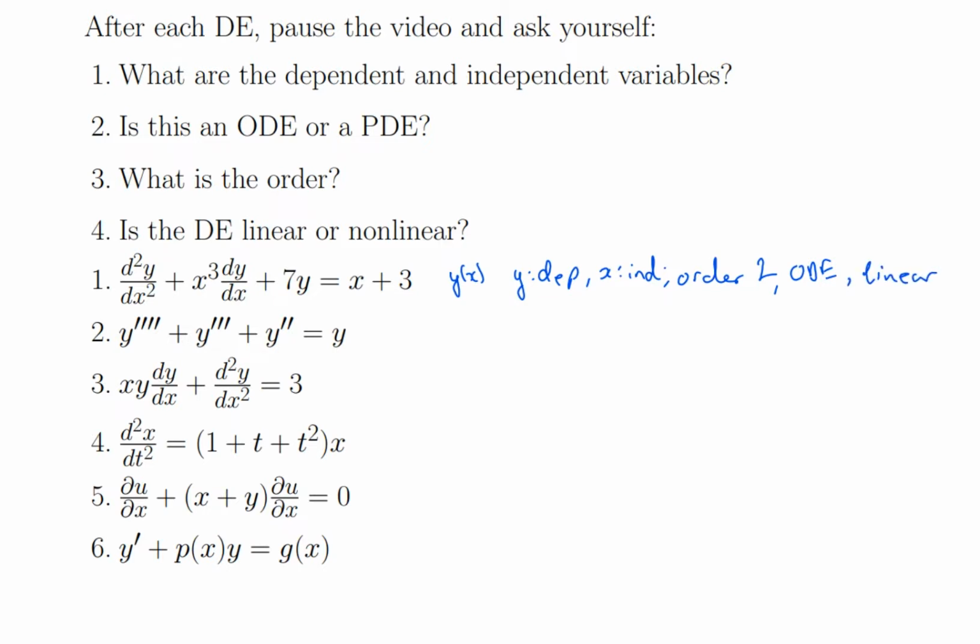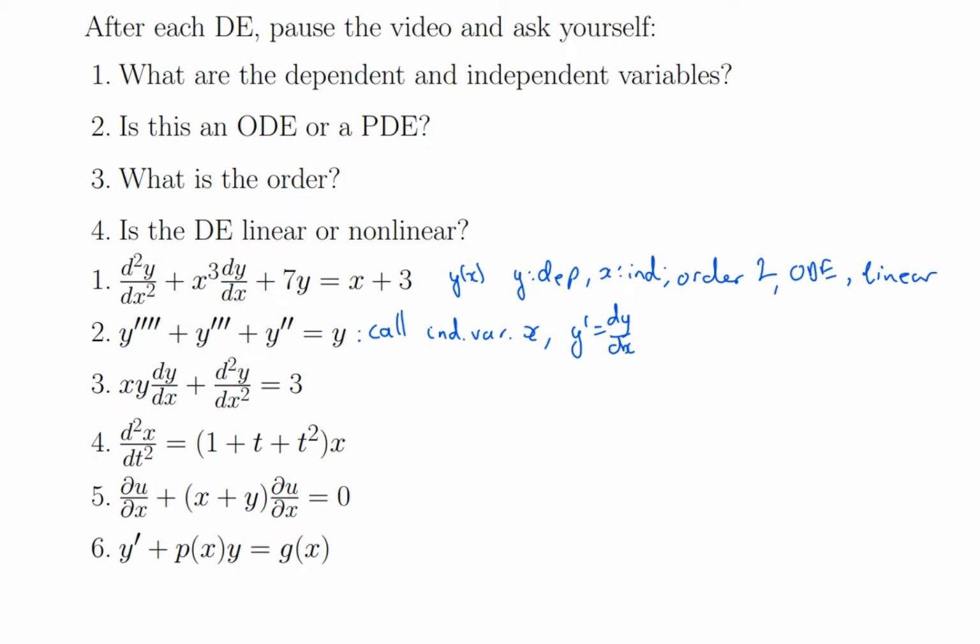The next one. Now here you see y and some derivatives. You don't see any other variable. So we just have to basically make up a name for the independent variable. And then y prime would be the derivative of y with respect to that. So let's call the independent variable x so that y prime is dy dx.